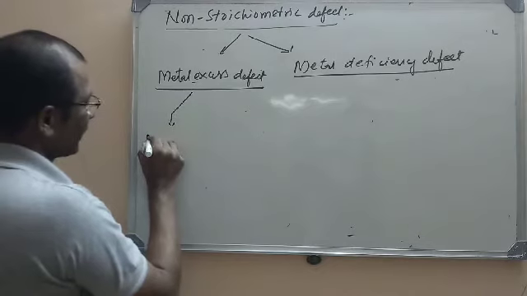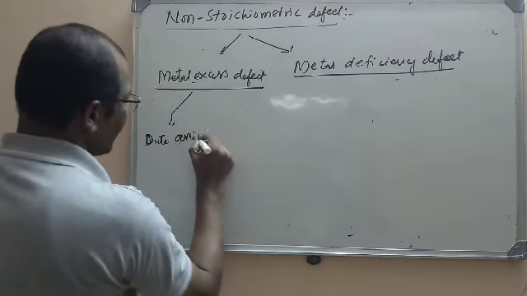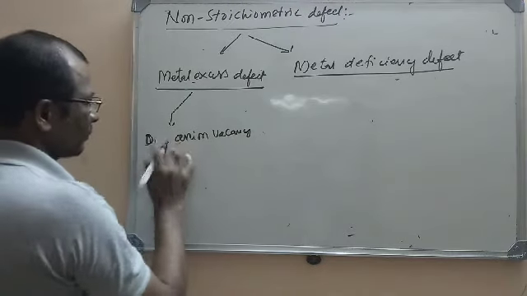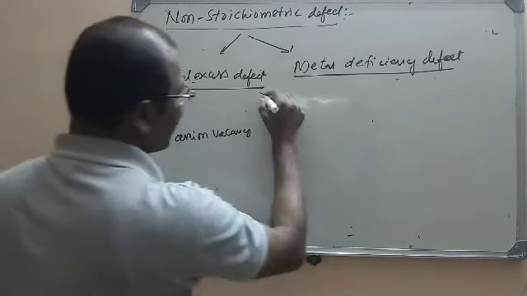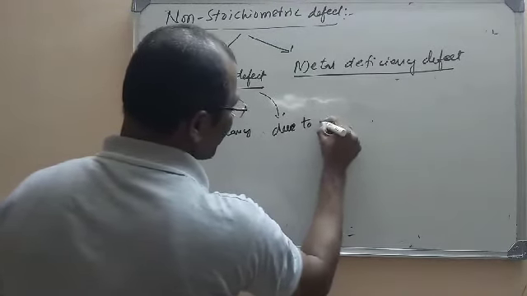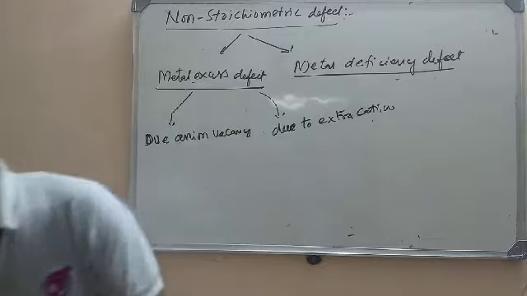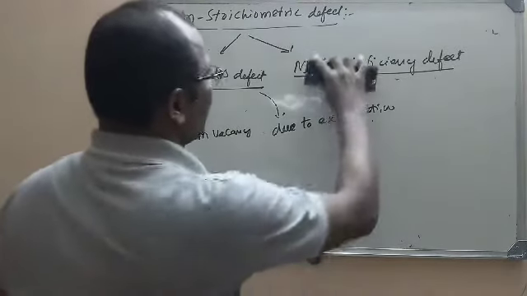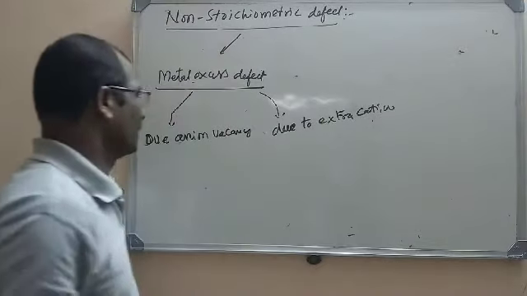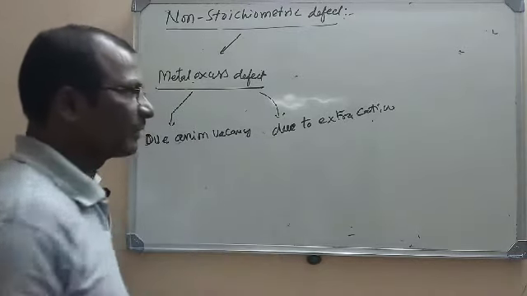That is, metal excess defect due to anion vacancy, this is the first type, and metal excess defect due to extra cation. Later we will discuss metal deficiency. So metal excess defect is of two types: metal excess defect due to anion vacancy, and metal excess defect due to extra cation.